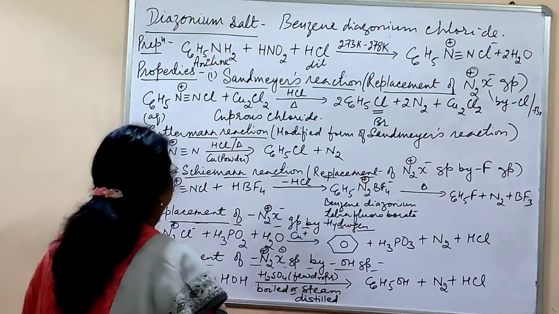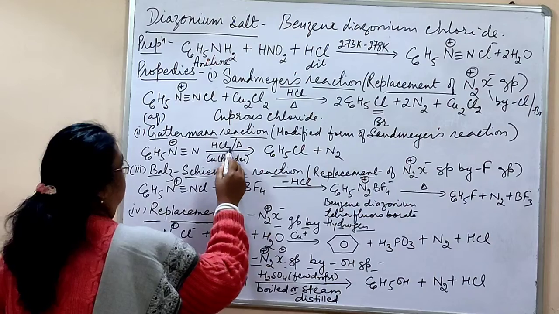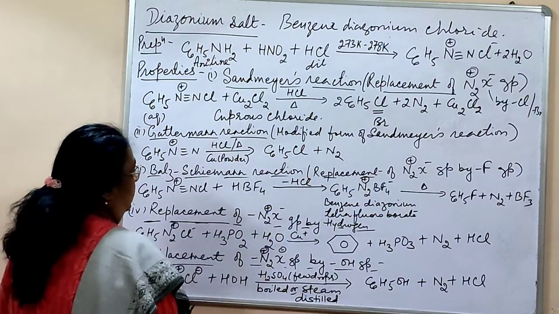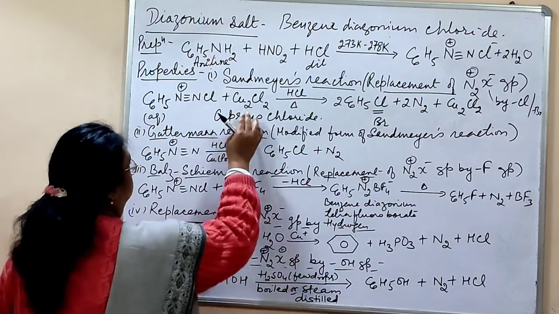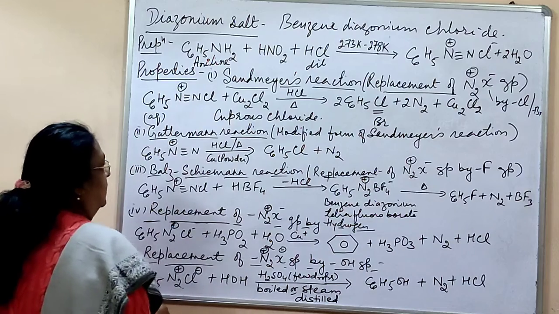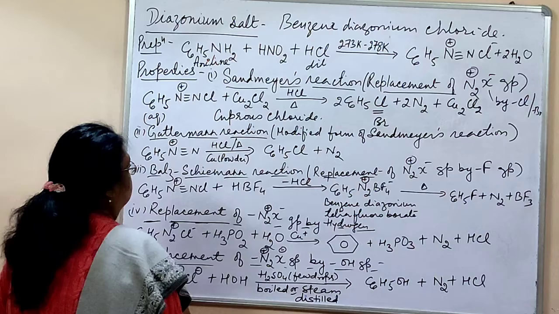So here only the reagent is changed. In place of HCl, if you take HBr, here you will have obtained bromobenzene. So in place of cuprous chloride, copper powder is taken as a catalyst, and then the reaction takes place.